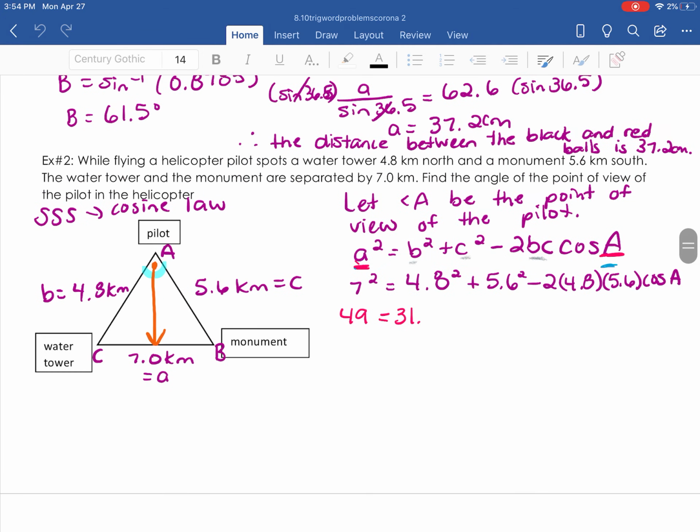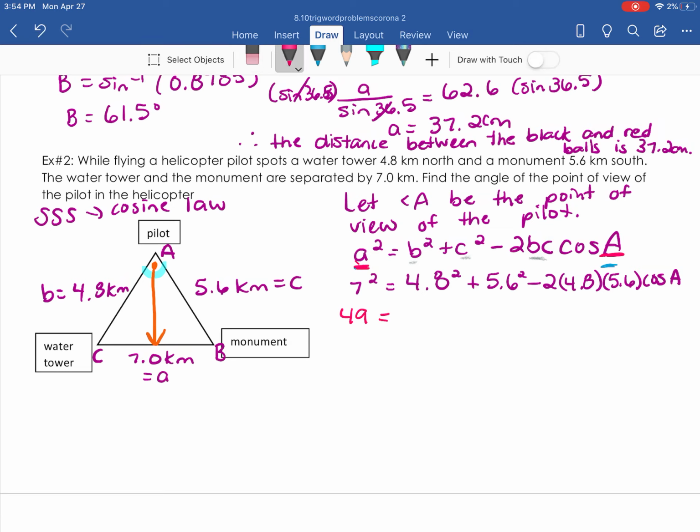Sorry about that. 4.8 squared is 23.04. 5.6 squared is 31.36. And then 2 times 5.6 times 4.8 is 53.76 cos A.